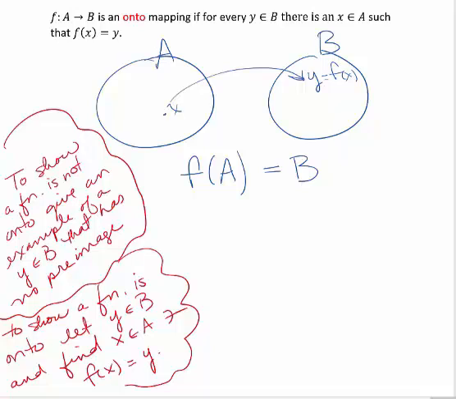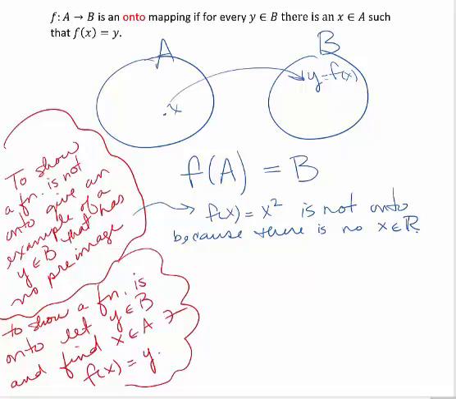For example, taking R to R, if f of x is equal to x squared, f is not onto, because there is no x in R with x squared, or let's just write with f of x being equal to -1, for example.